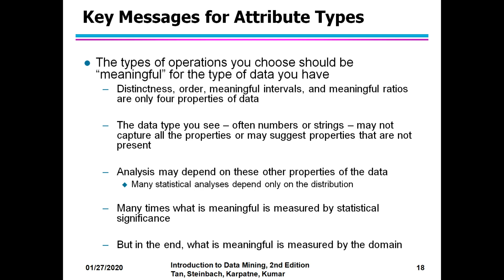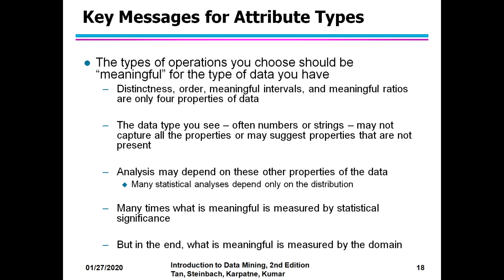So, key messages for attribute types. The type of operations you choose should be meaningful for the type of data you have. For example, we have different types of operations available: distinctness, order, meaningful intervals, and meaningful ratios are the four properties of the data.